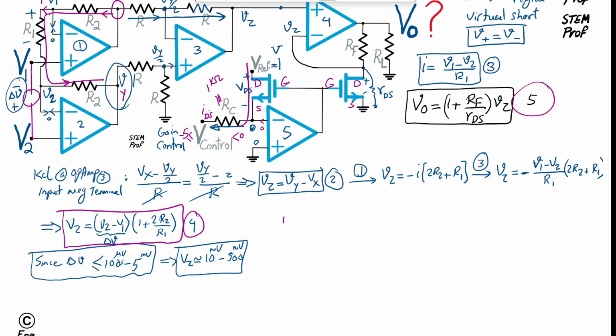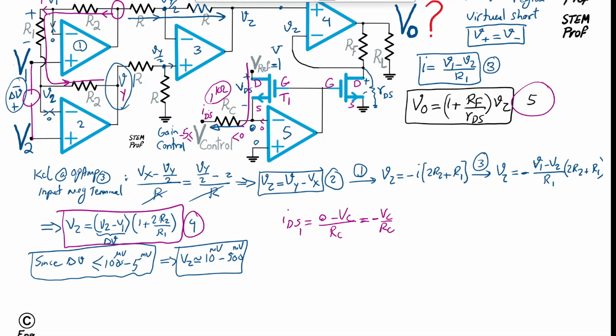So IDS for transistor number 1, IDS1, is equal to 0 minus V control, which is a negative voltage, divided by RC. We set RC to 1 kilo ohm as an example. So let's say it's just minus VC over RC.